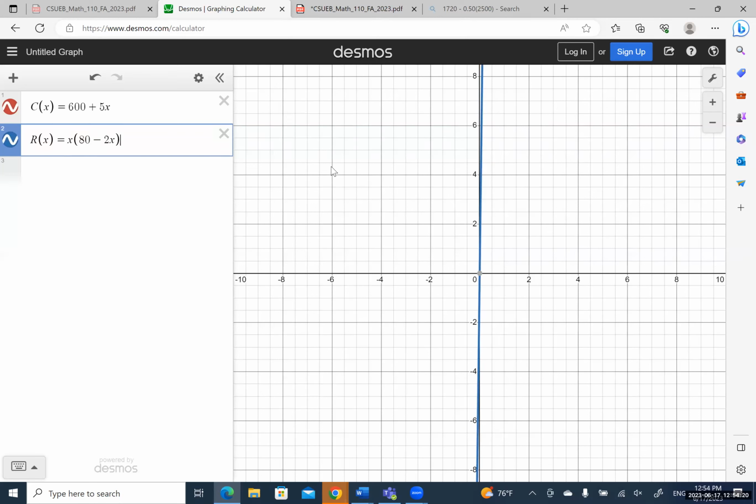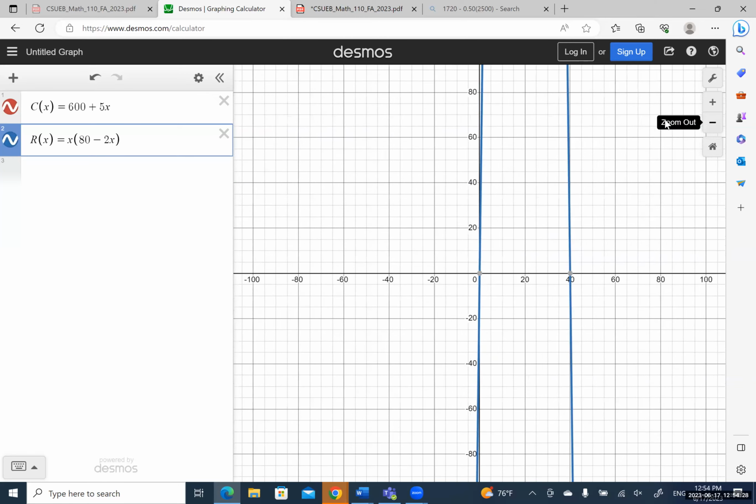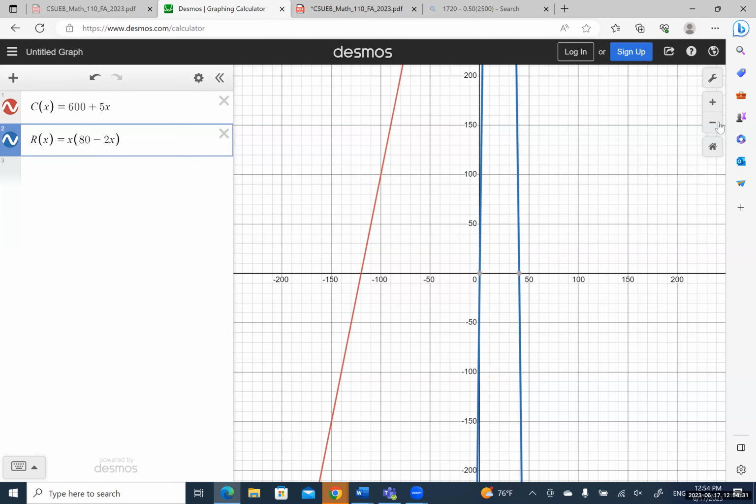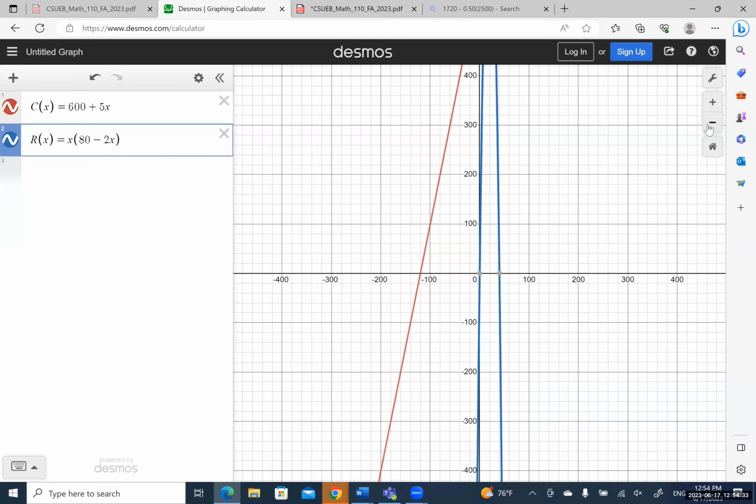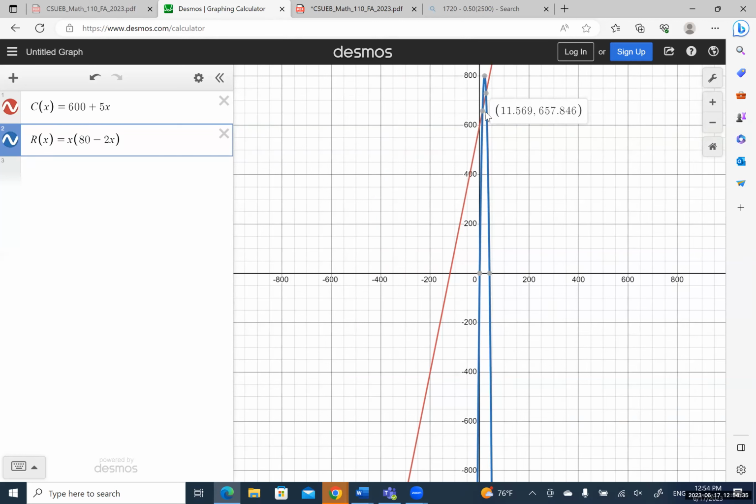Right now you don't see a good graph. You may need to zoom out a little bit. We don't need the negative side, we need the positive only.